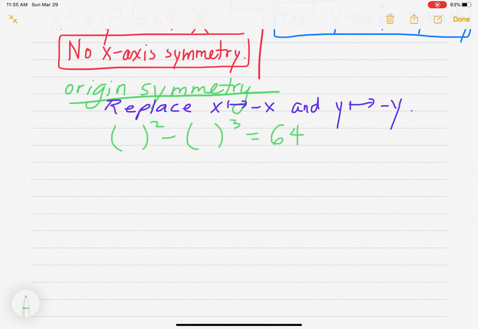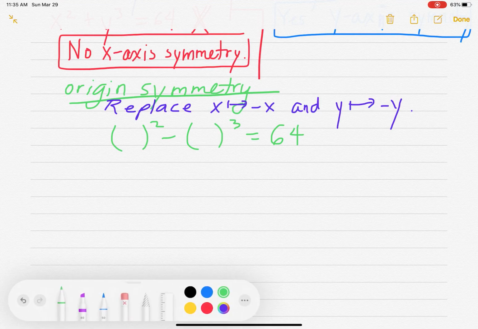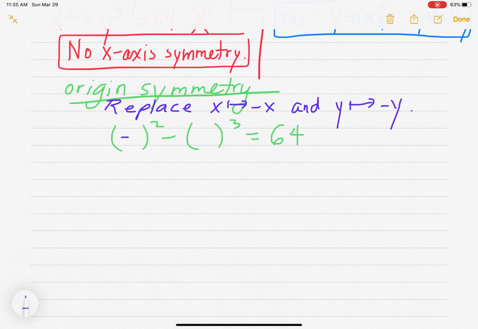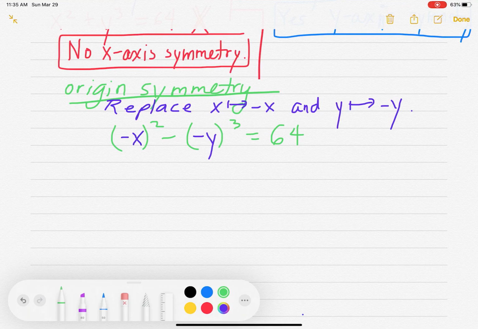So where the x was, we're going to put a negative x in parentheses squared, minus, where the y was, we're going to put a minus y in parentheses, and then cubed equals 64. We want to clean that up. First of all, the square is an even power. It's going to kill off the negative inside of parentheses.